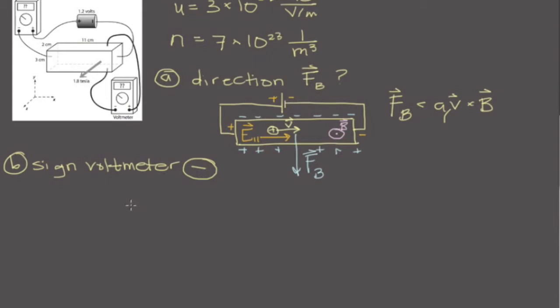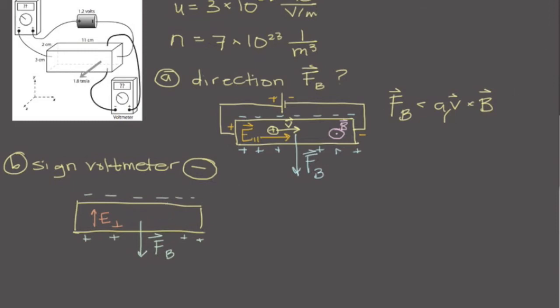Another way we could think about this, let me draw another picture for us. We have that this FB is pointing down. Because these positive charges are on the bottom and negative charges on top, we're creating a new electric field. That electric field is pointing up, from positive to negative, and I'm going to call it E transverse or E perpendicular.